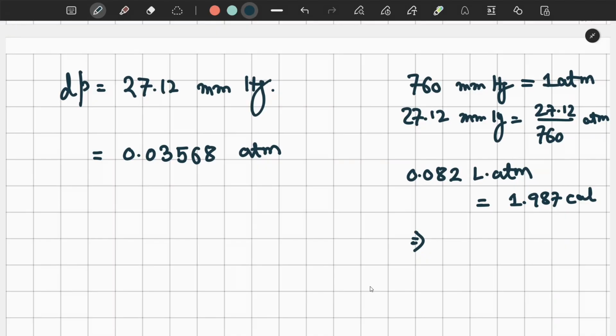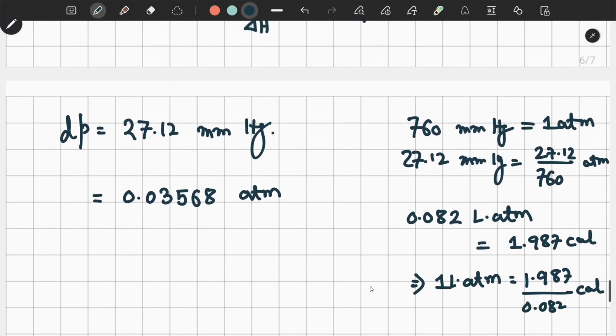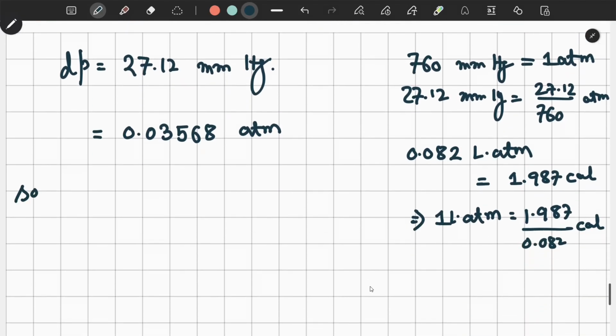So 1 liter atm equals to 24.2317 calorie. Okay, I'll do it later.